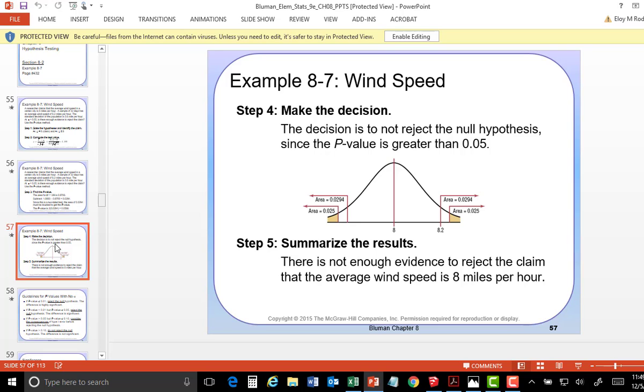So, do we accept or reject? Well, what's bigger? Is alpha bigger than the area under the p-value? This is the p-value. This is the area. That's not the p-value. Here's the p-value. So in this case, the p-value is greater than our alpha. You see that?